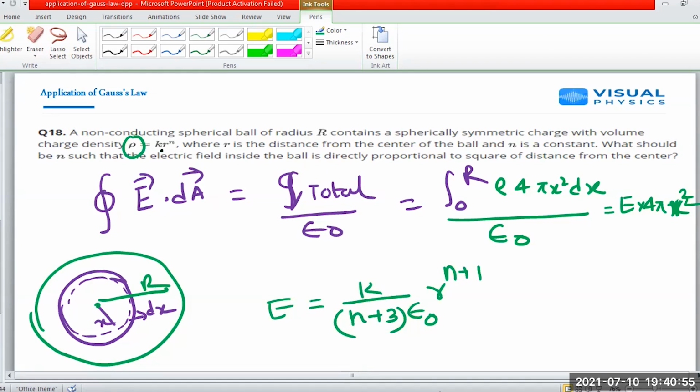Because my volume charge density rho is itself a function of distance x, instead of this I could have written it as k times x to the power n. But it is saying that the field is directly proportional to the square of distance. So my n plus 1 should be 2, so my n should be 1.